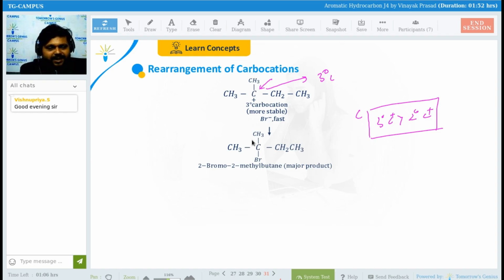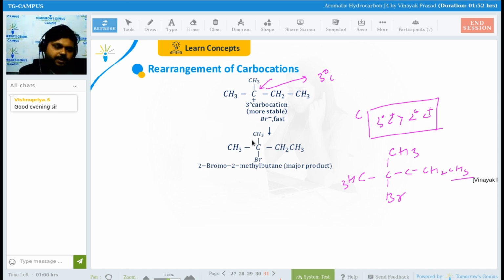So due to this rearrangement, we have got a carbocation, and the Br has shifted to this carbocation that is the 3 degree carbocation, right? Clear? If there is any doubt, then please ask me.